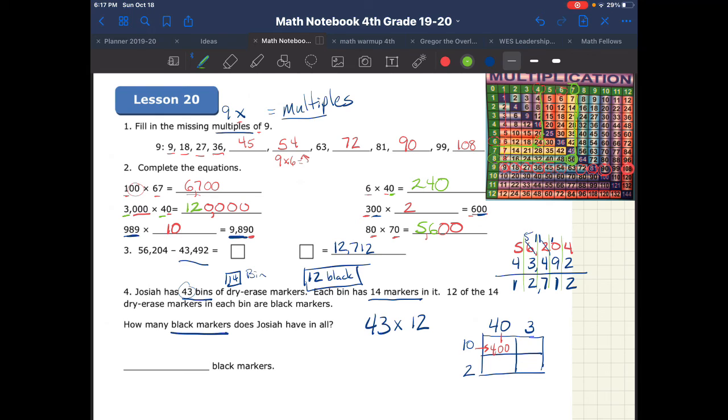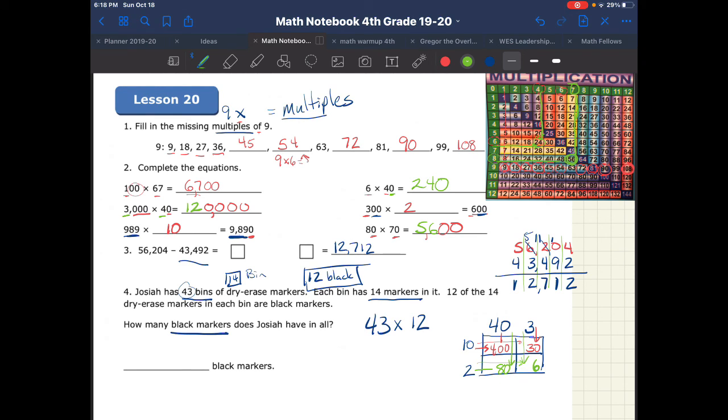Where the 2 and the 40 meet, 2 times 40 is 80. Where the 10 and the 3 meet, 3 times 10 is 30. And where the 3 and that 2 meet up, that's where we put the 6. 2 times 3 is 6.